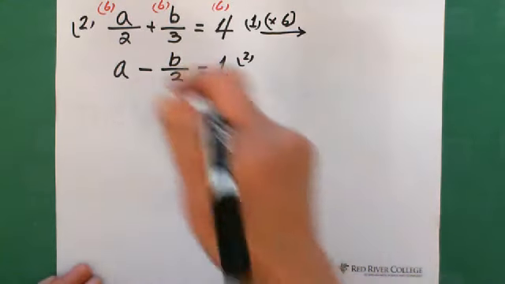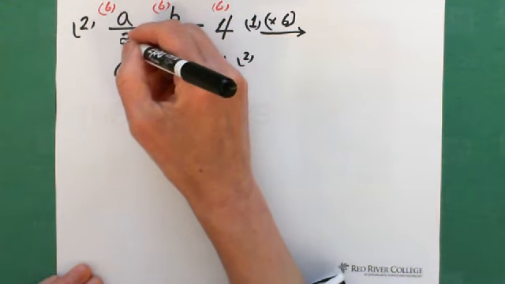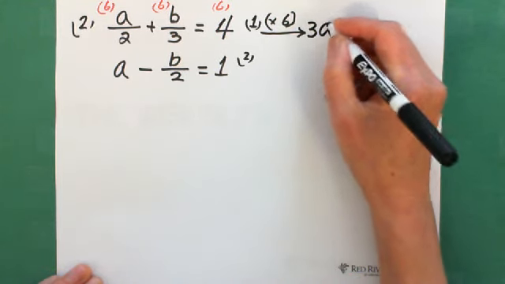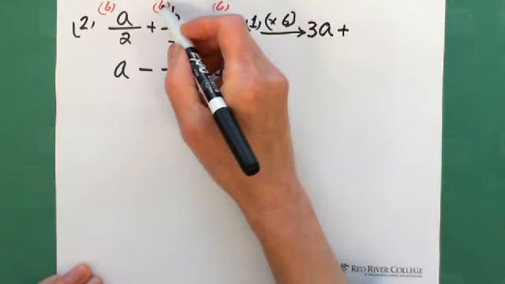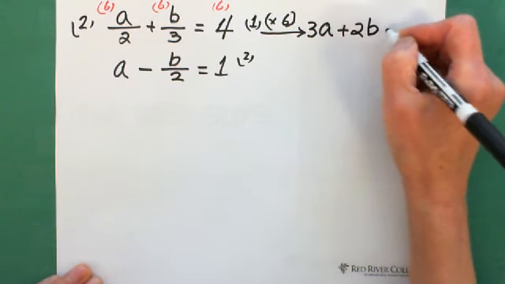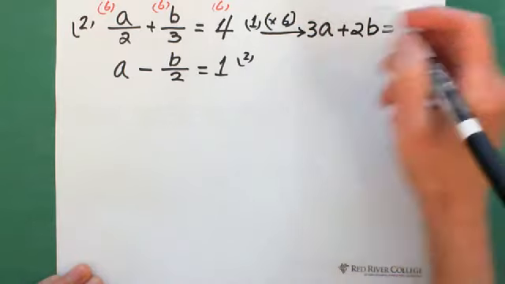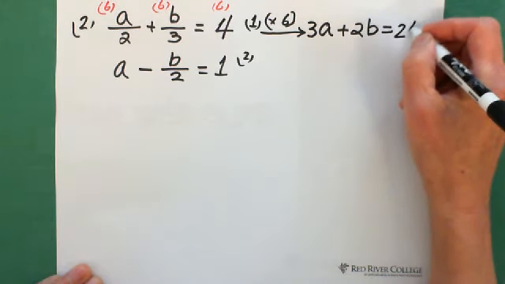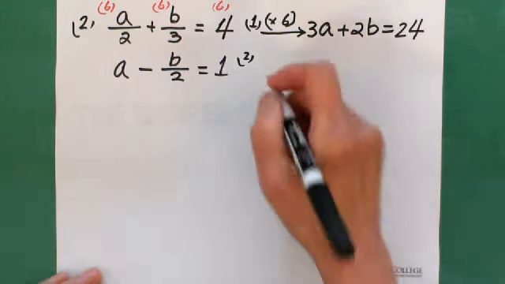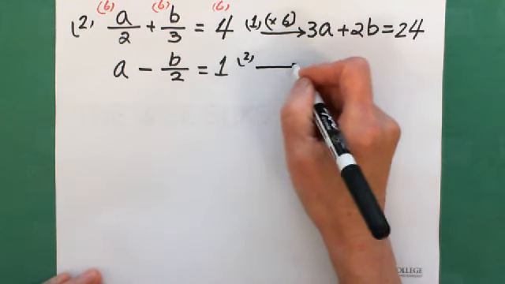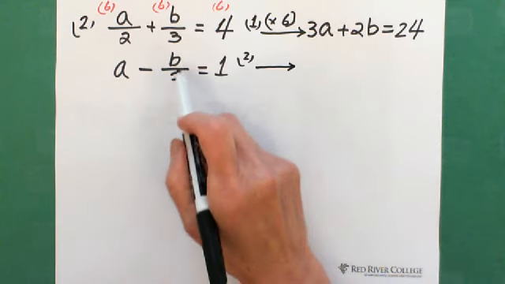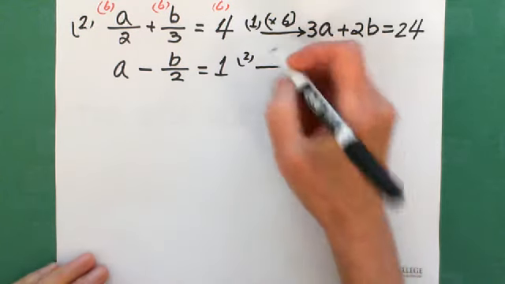So 6 cancels with 2, you get 3a, plus 6 cancels with 3, you get 2b, and 6 times 4 equals 24. For the second equation, the denominators are 1 and 2, so we multiply each term by 2.